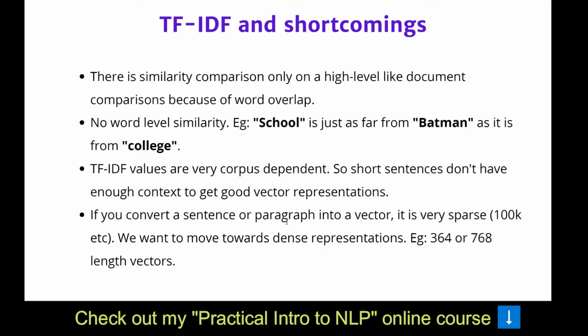For example, if a sentence could be represented in just a 364 length vector or 768 length vector, that's perfect for us, because now you can do comparisons of sentences or documents or paragraphs with each other, and also in a high quality manner, because these are dense vectors, they will also capture similar words together, etc.